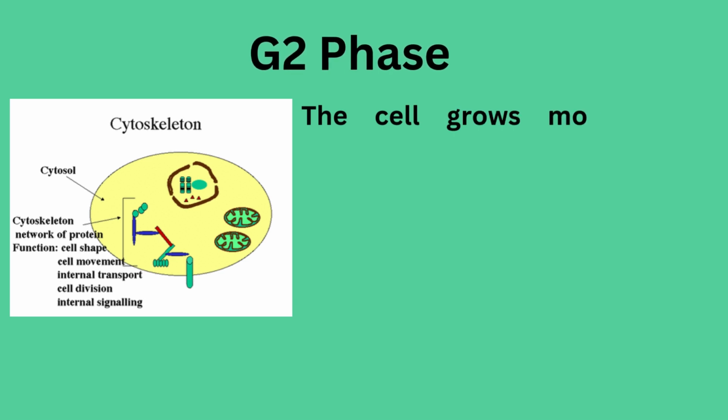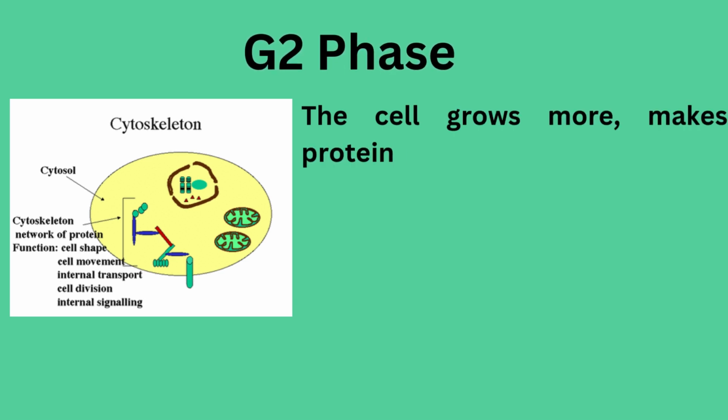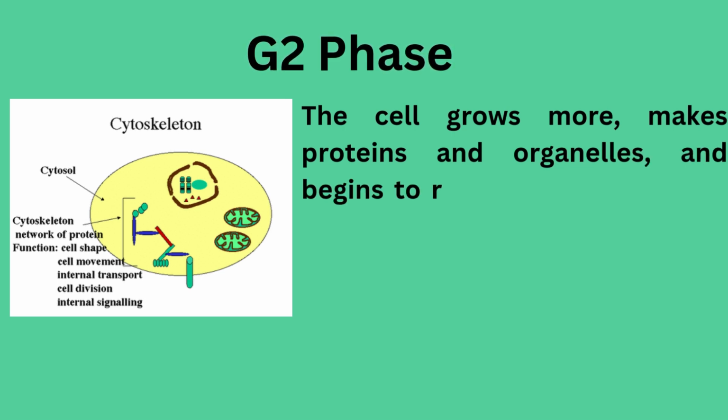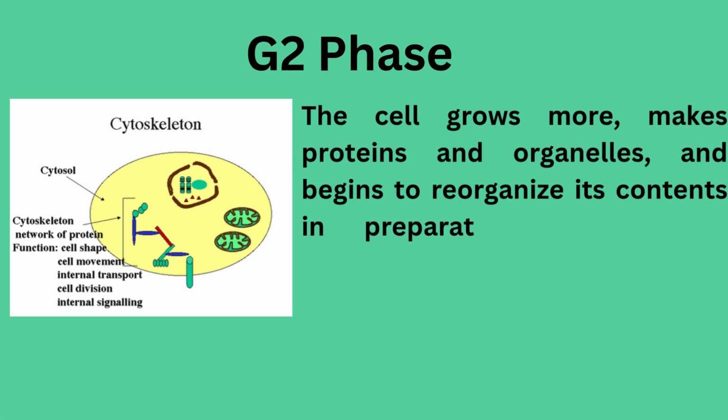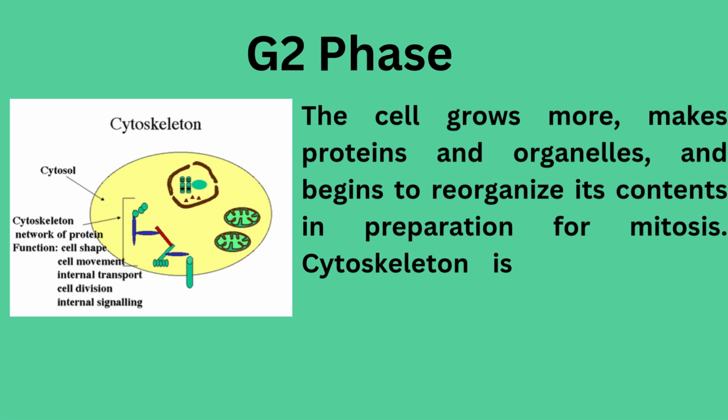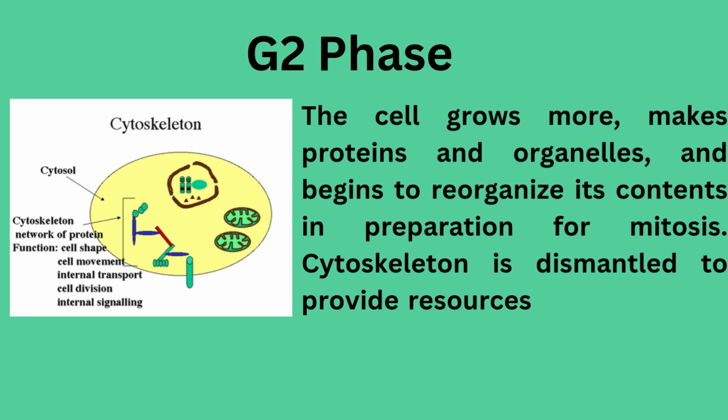During the second gap phase, or G2 phase, the cell grows more, making more proteins and organelles, and begins to reorganize its content in preparation for mitosis. In the G2 phase, the cell replenishes its energy stores and synthesizes proteins necessary for chromosome manipulation.